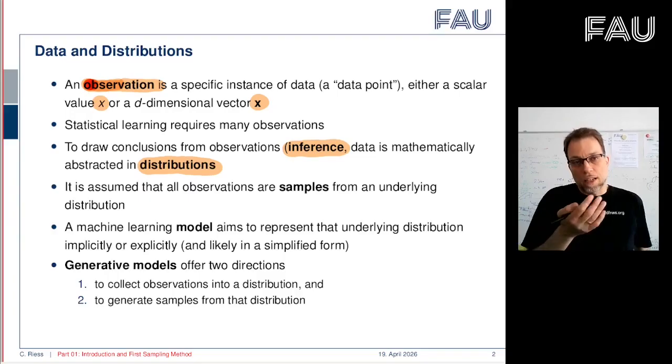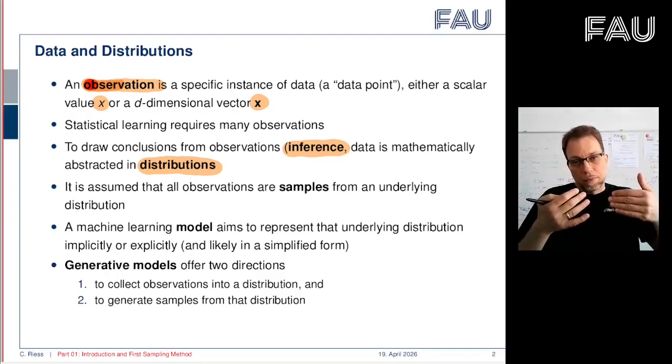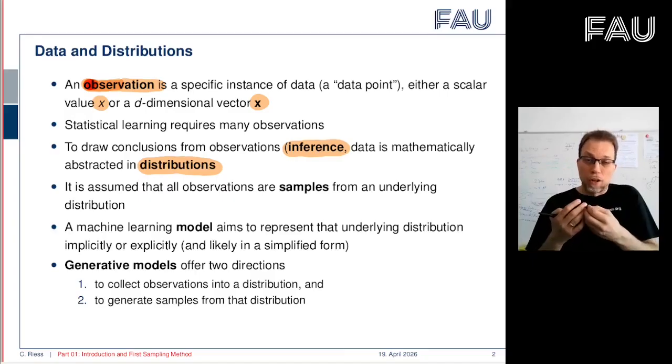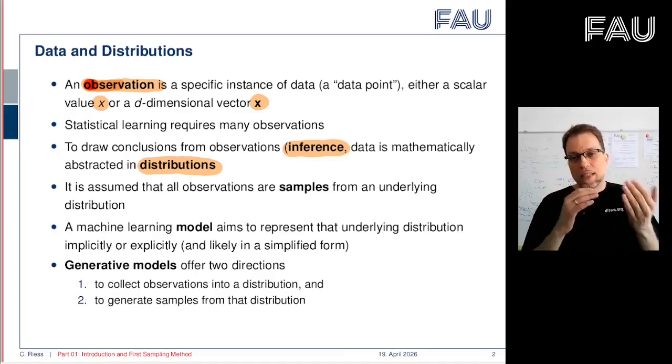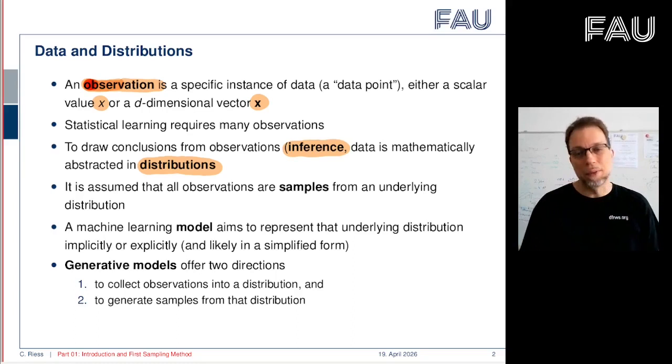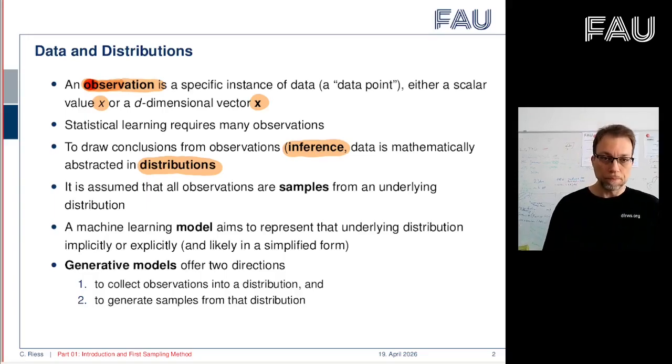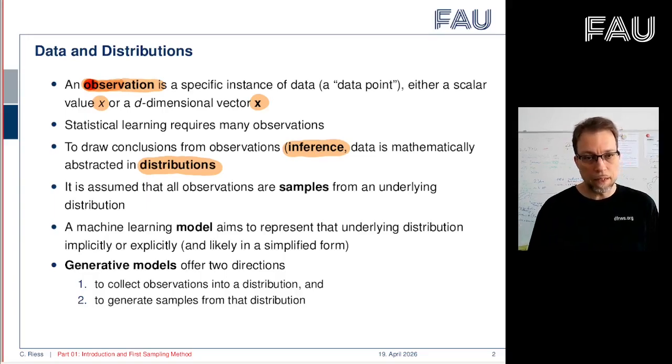So an observation is something that I actually get from the real world. A sample would probably be a draw from that distribution, but I use these two terms interchangeably throughout the lecture, so I'm not really distinguishing them properly, just for your information. Okay, so all observations are assumed to be samples from an underlying distribution.